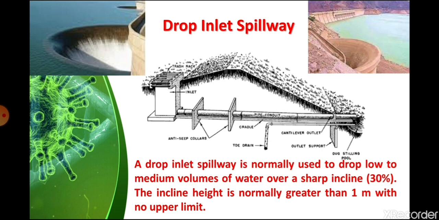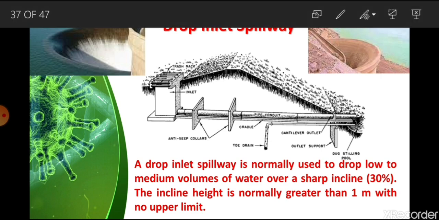Now another one is drop inlet structures like this. See, this is the top wall, you may see here. Just before it, you may see there is one vertical pipe. When upstream water comes at this particular point, it will fall down into the pipe vertically like this. This is that structure.